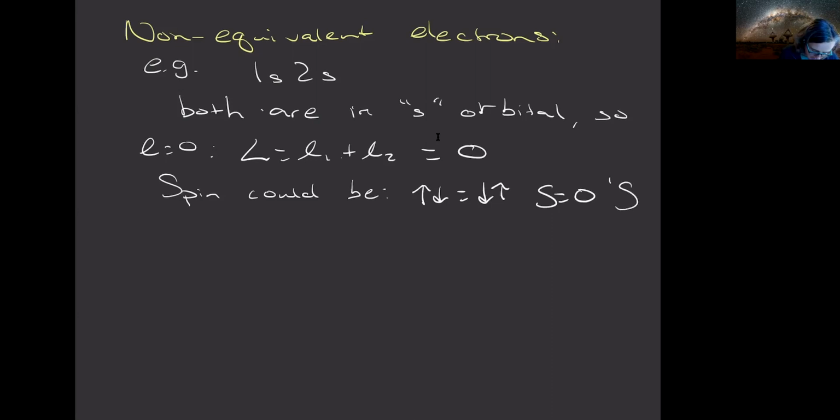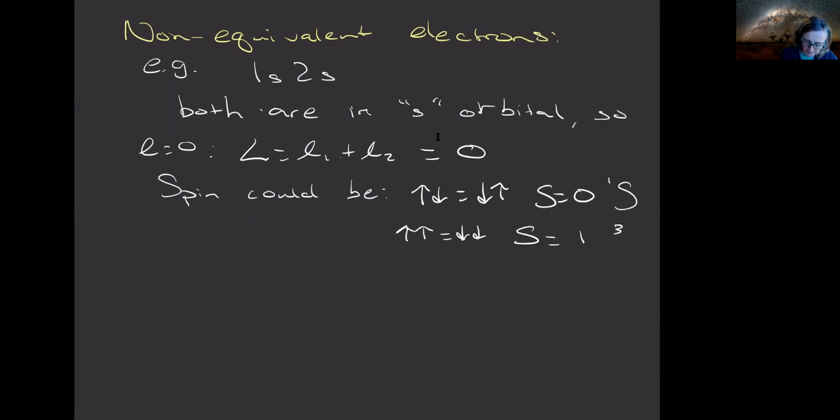Or the spins could be up, up, which is equivalent to down, down, and so the total S would be equal to 1. This would be what's called a 3S. The first of those is described as a singlet, and the second is described as a triplet.